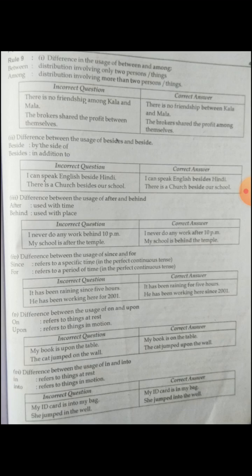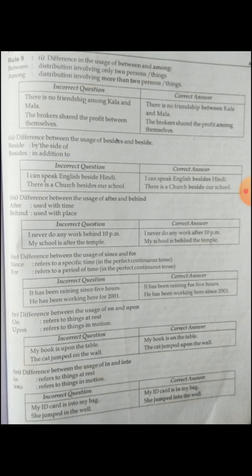It has been raining since 5 hours. Here it is a period, so we have to use for 5 hours. He has been waiting here for 2001. Here a point in time is indicated, so we have to use since 2001. If you point out the exact time or date, we have to use since. If it is how many years or how many hours, we have to use for.